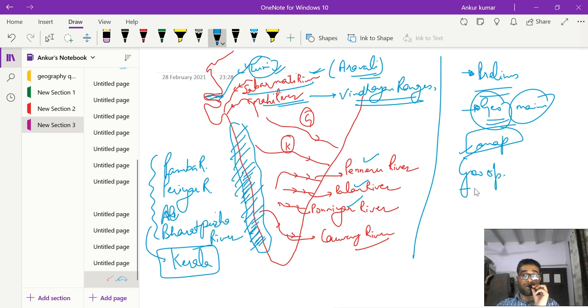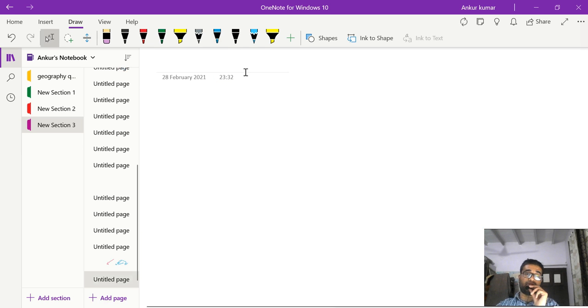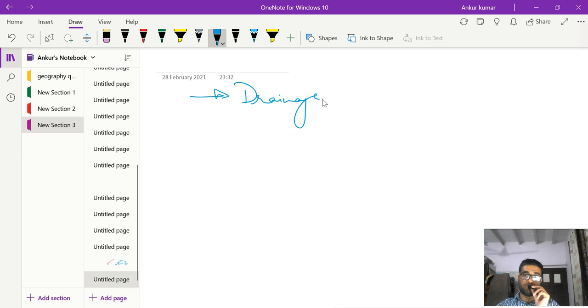In geography optional paper number 2, the first question which has the 10 entries, any entry from the river section can be asked from here, right? So this was it for this class. The next class would again be on the drainage system, because the drainage system is not over, and we will start with the remaining topics in the next class.